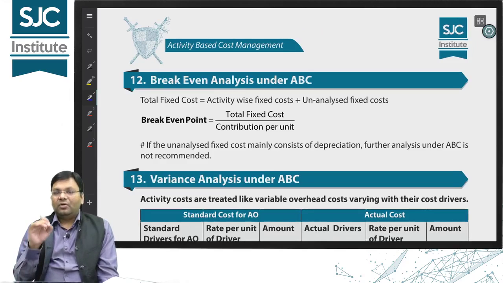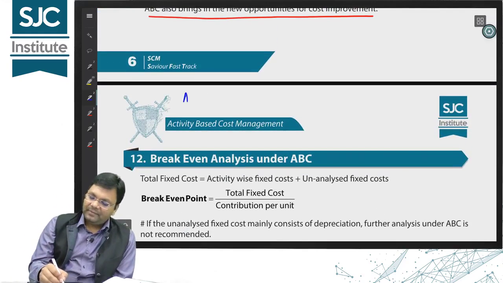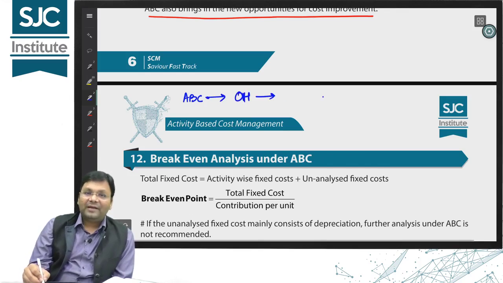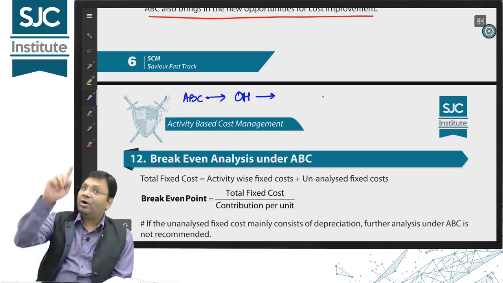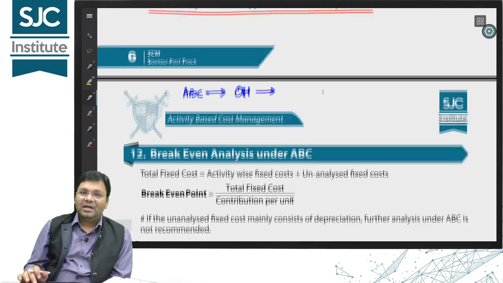So what is the change then? First, if you remember, I have talked that ABC deals with overheads. In absorption costing, we assume that all overheads are fixed, but ABC assumes all overheads are variable, but only in the long run. In short run, they cannot be variable. Remember this.